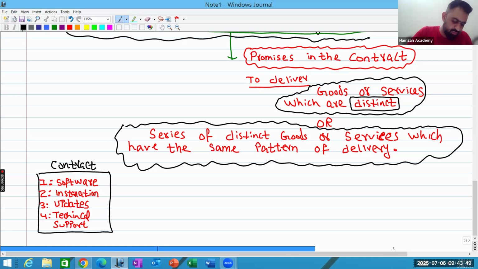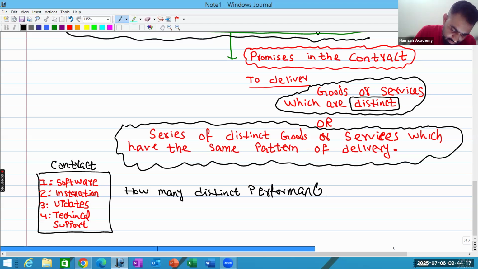Now, in this contract, we have to determine, how we will determine it, it is a separate question. But we have to determine how many distinct performance obligations do we have in this contract.